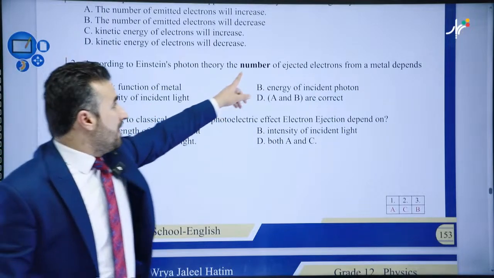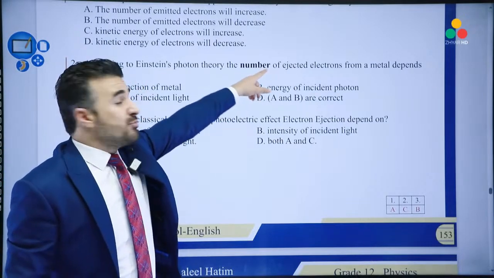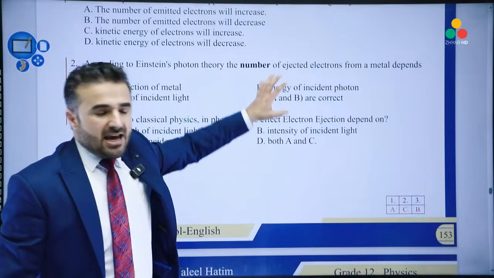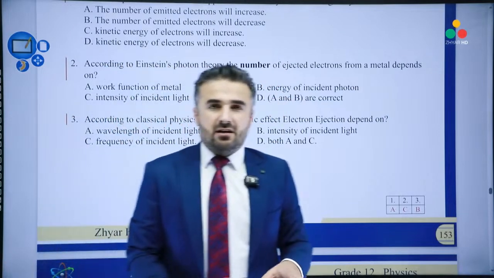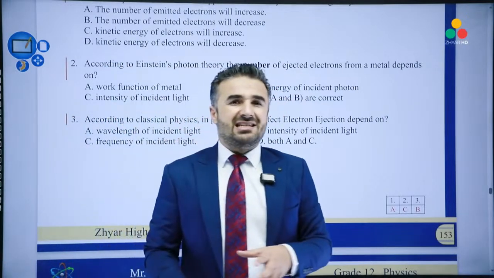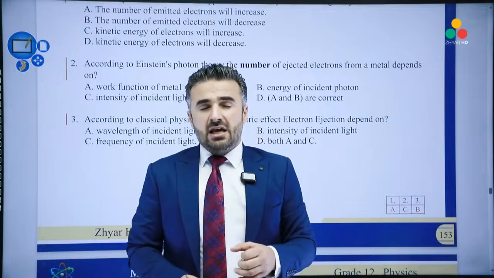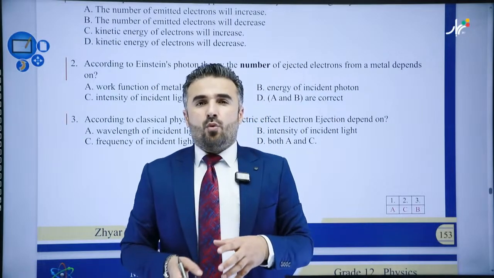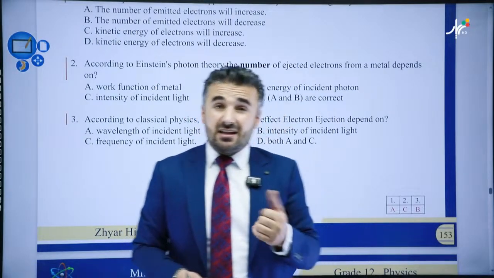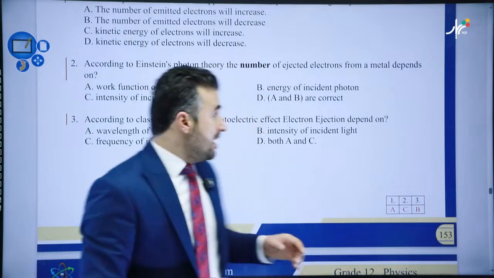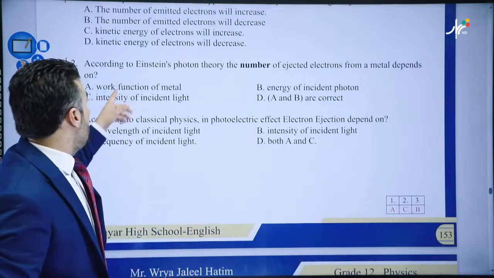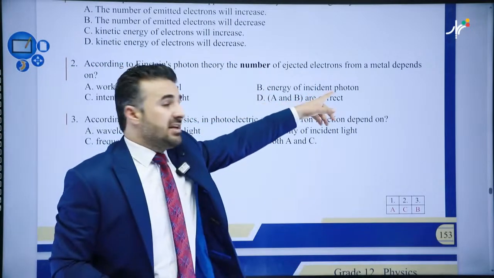Don't forget, it says the number of ejected electrons. It doesn't ask what the ejection of electrons depends on. If the question was, for example, when will the electrons be ejected, then we could have said it depends on the work function and on the energy of the incident photon.